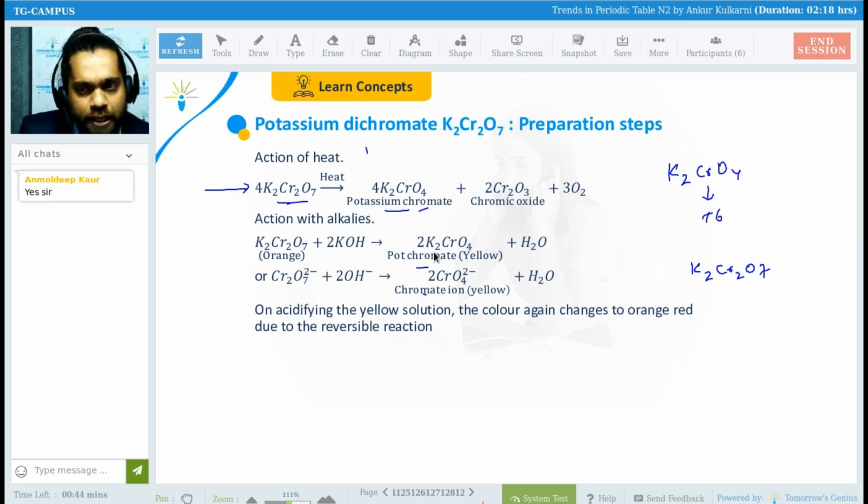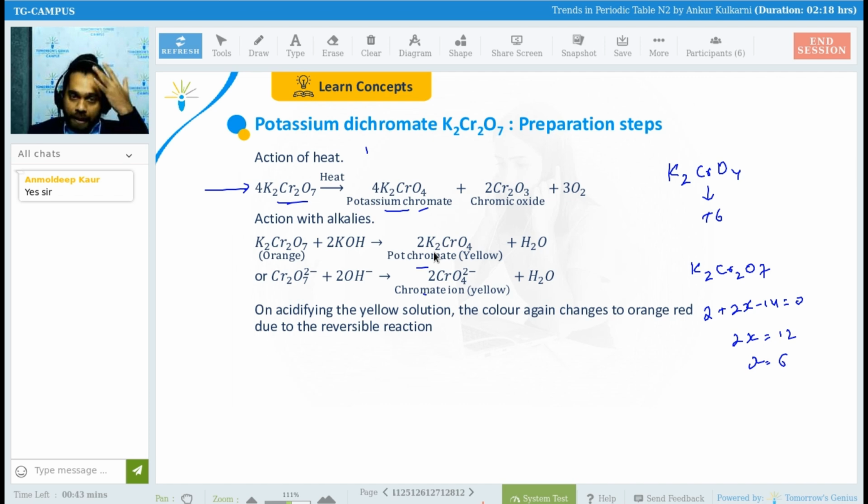So let us check. It is 2x minus 14 equal to 0, so 2x equals 14, x is 7? No: in chromate, CrO₄²⁻, x minus 8 equals minus 2, so x is 6. Then for dichromate, 2x minus 14 equals minus 2, so 2x is 12 and x is 6.